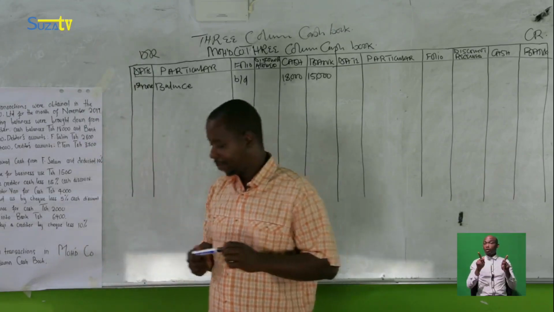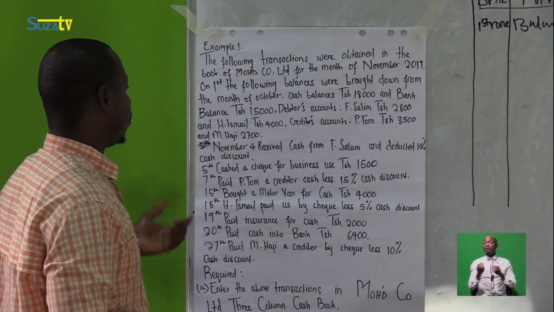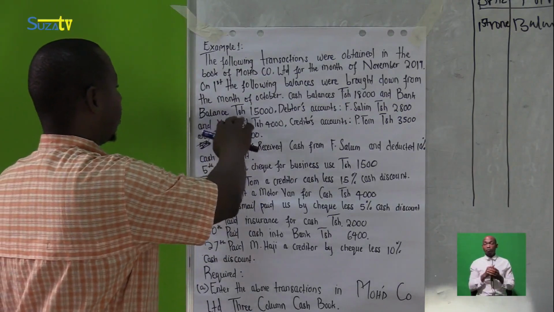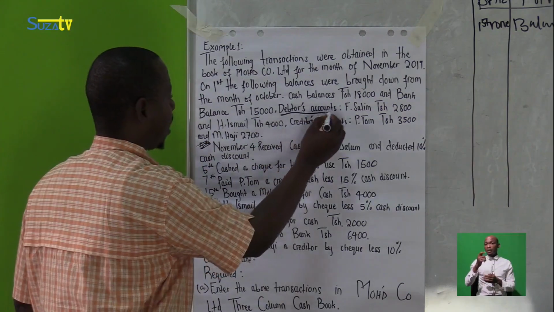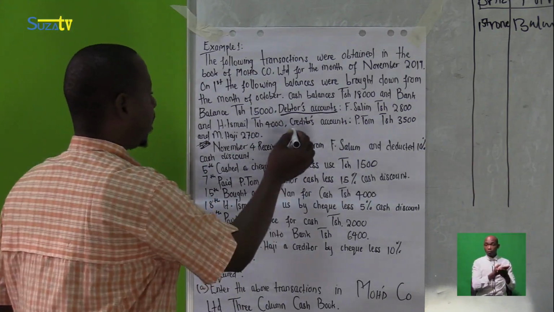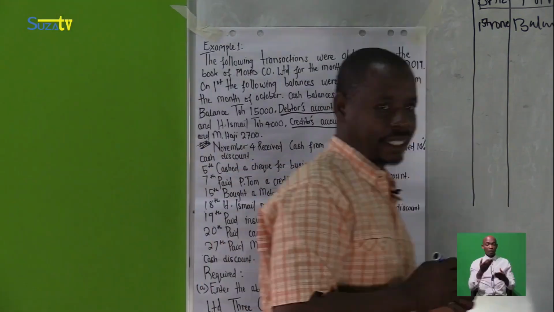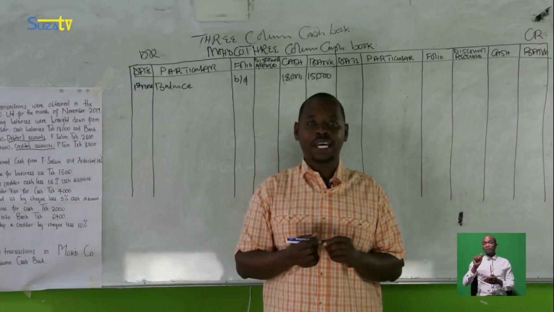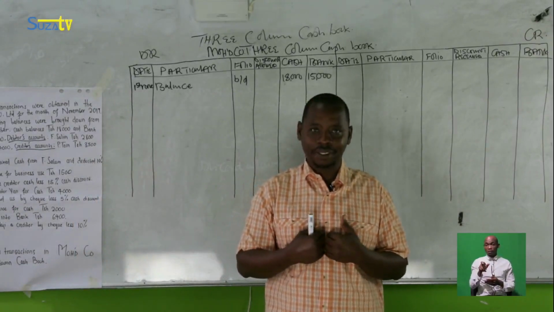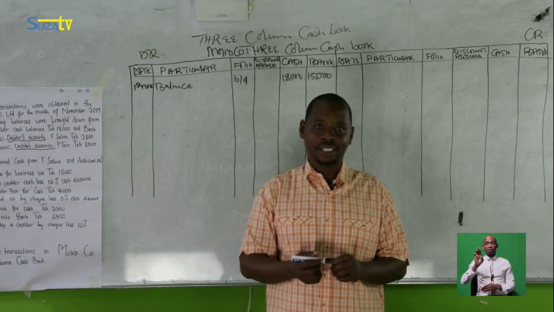If you continue with another lesson, with another transaction, you may see that there is a debtors account and a creditors account. What is a debtors account? When you say debtors, it is a person who purchases goods from us on credit. That person is known as a debtor.